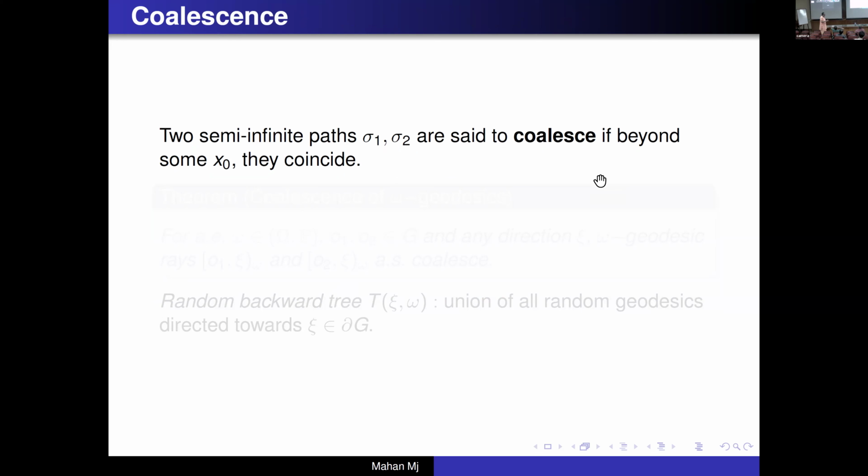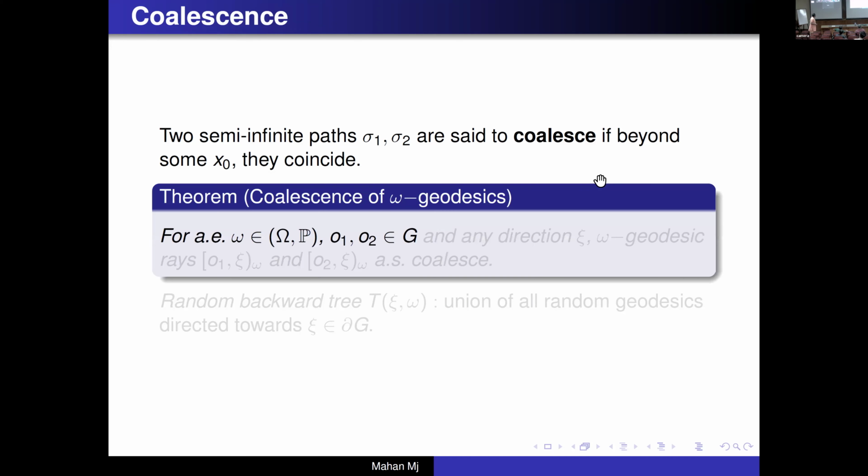How do they behave? What this basically says is that two paths would coalesce if they come together and then they follow one path to infinity. And here's the thing: almost surely, you start off at two different origins O1, O2 in your bulk, take any direction xi, then the two random geodesics towards xi will start off from O1, O2, come together at some point in the bulk, and then follow the same path to infinity.